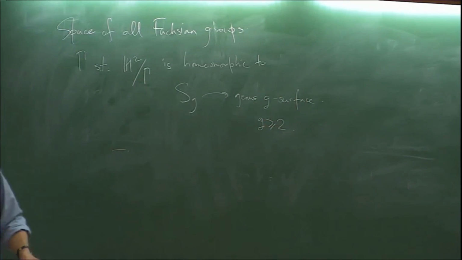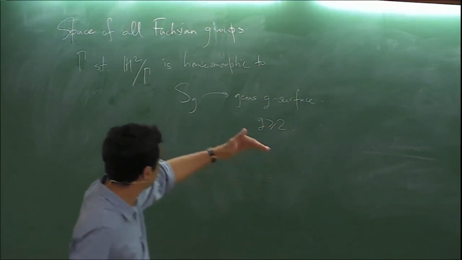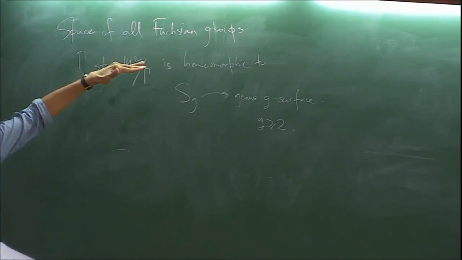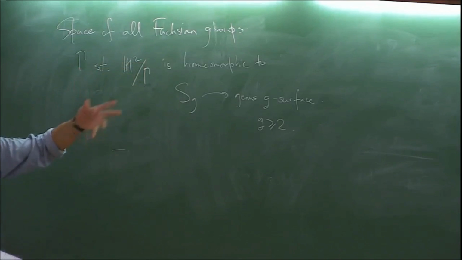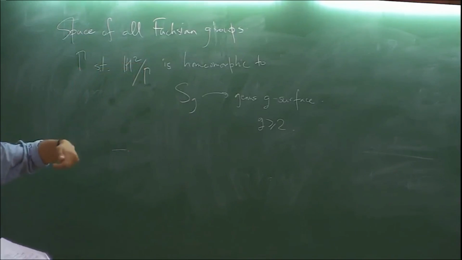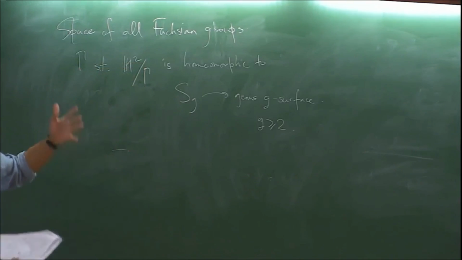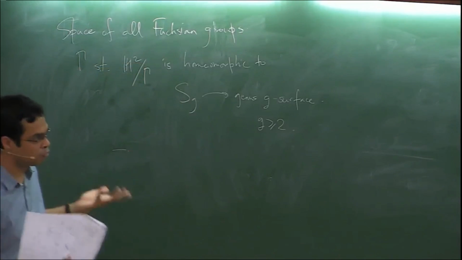Okay, so now this kind of construction tells you that such gamma exists, right? And I just kind of told you that there might be more than one such gamma, right? There's an entire space of such things.